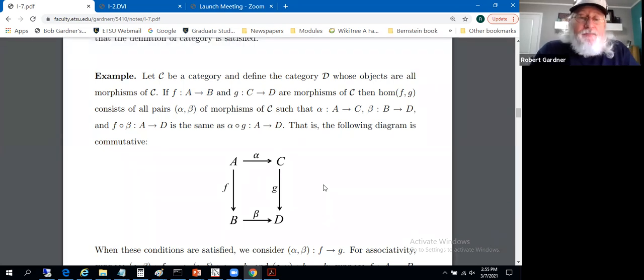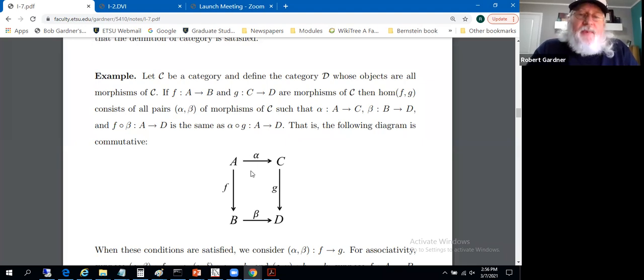Let's try that again. We start with a category C that has object A and object B in it, and a morphism maps A to B. We're trying to find a way to map the morphisms of C to other morphisms of C. So we're going to map morphism f to morphism g using the ordered pair of morphisms from C, alpha comma beta.